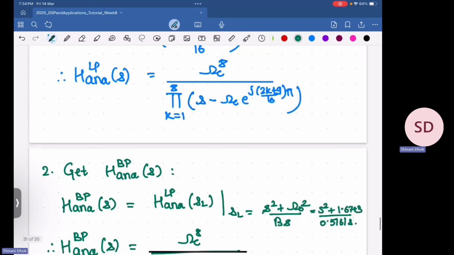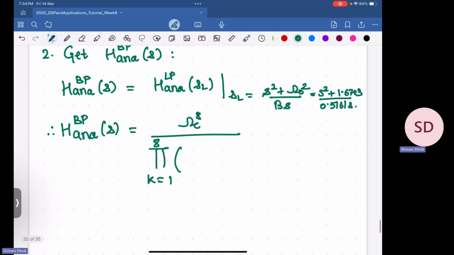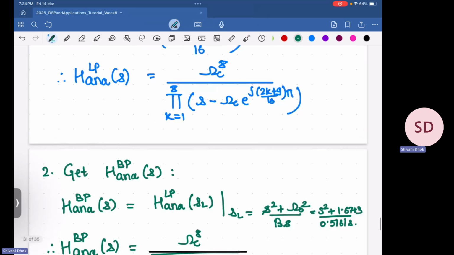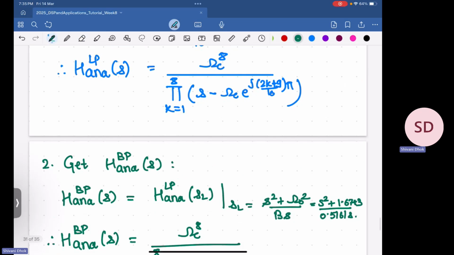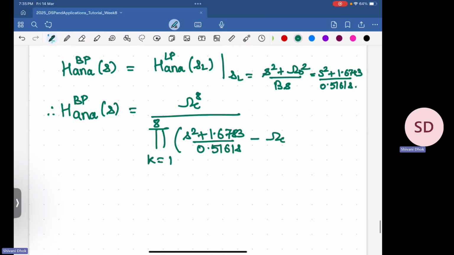Then we had S here, so we'll just replace S in this equation by this quantity, so we'll get S square plus 1.6783 divided by 0.5161 S minus this Sk, that is omega c into e power j 2k plus 9 pi by 16.